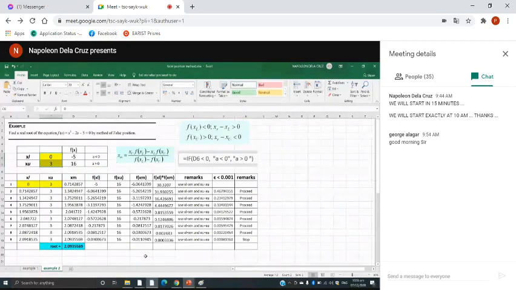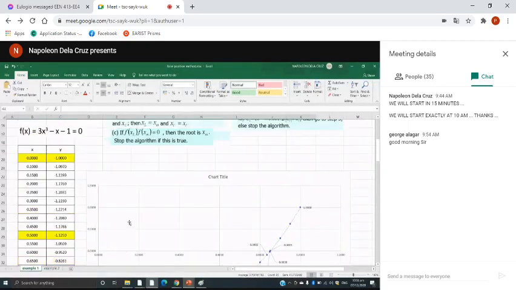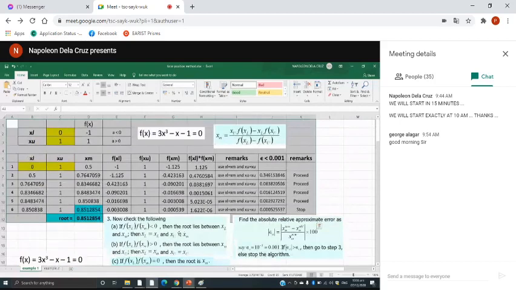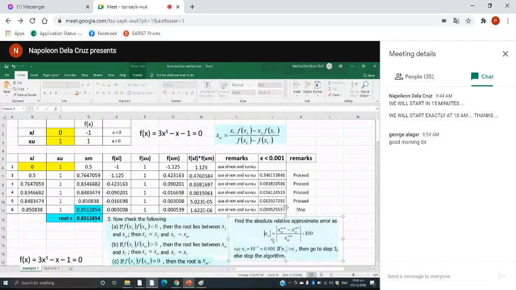Sa Excel ha, ang Excel is a basic skills na kailangan ninyo. Lalo na kapag kayo ay nasa trabaho na, ang Excel is a very basic skills na pinapaaral sa inyo.